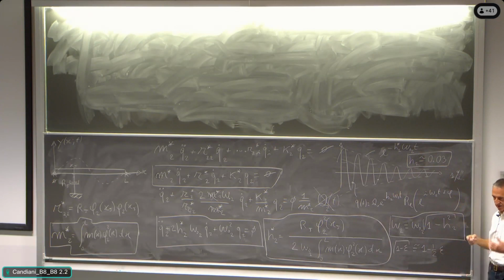The square of 0.03: 3 squared is 9, times 10 to the minus 4. And so it is 9 times 10 to the minus 4, about 10 to the minus 3.